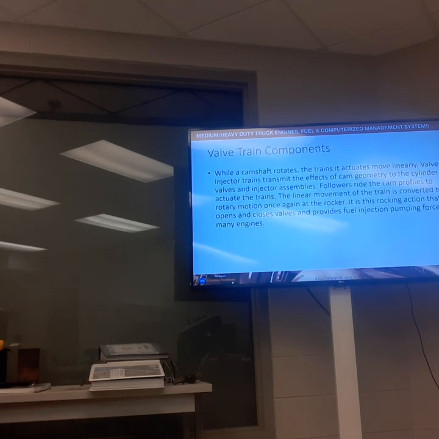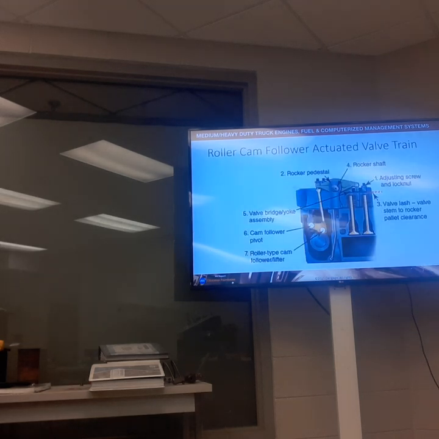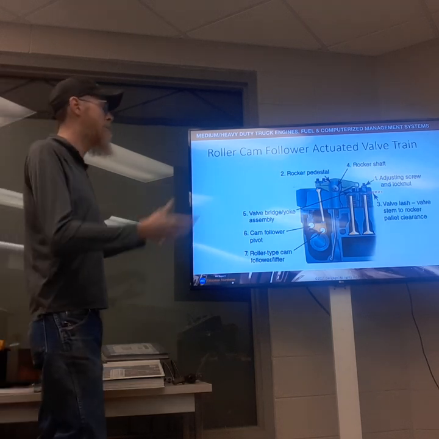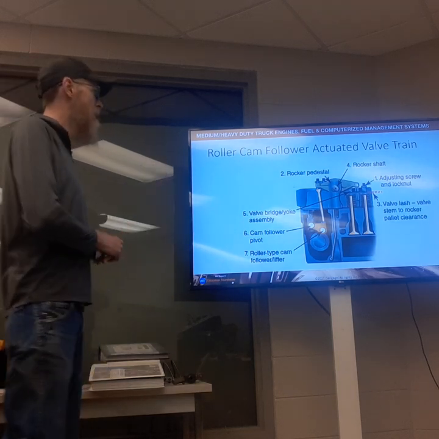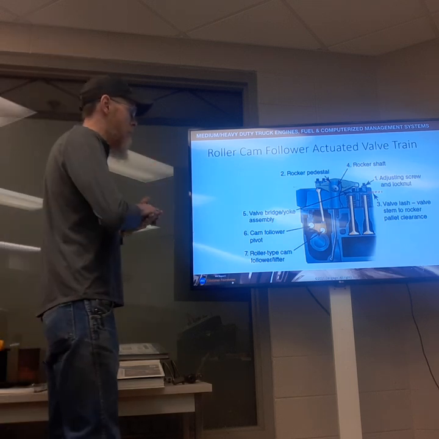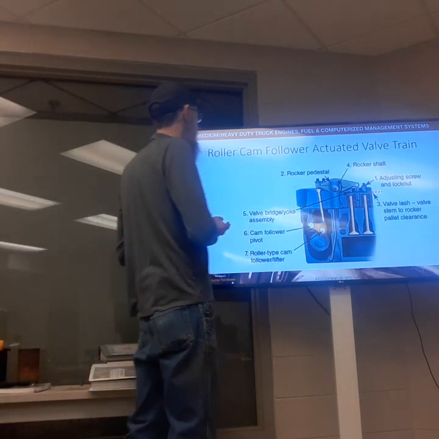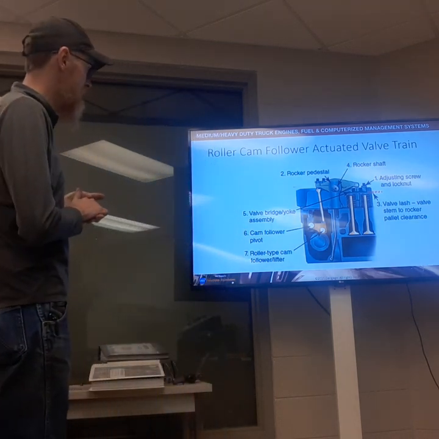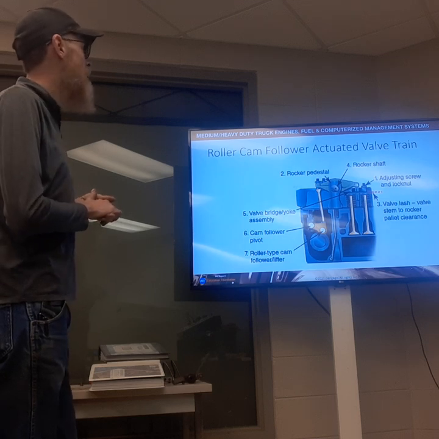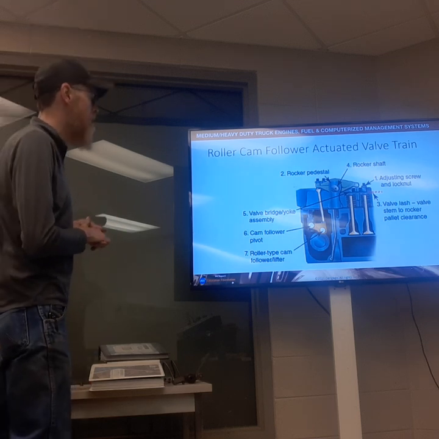I'm going to jump forward a little bit and look at our full camshaft geometry, or camshaft and valve train geometry. The example that I'm using from the PowerPoint is the slide that is labeled roller cam follower actuated valve train.